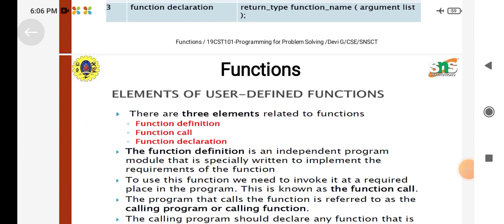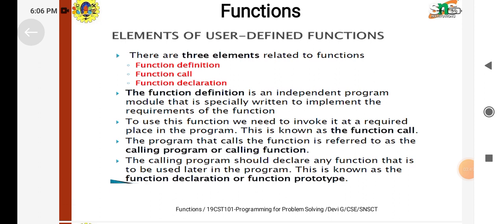Here we already said the elements: function definition, function call, function declaration. A function definition is an independent program module that is specially written to implement the requirements of the function. To use this function, we need to invoke it at a required place in the program.